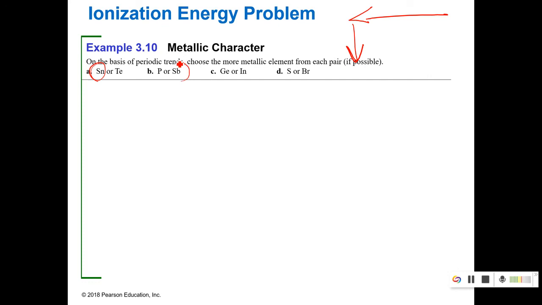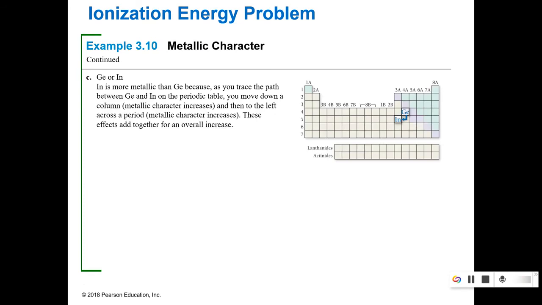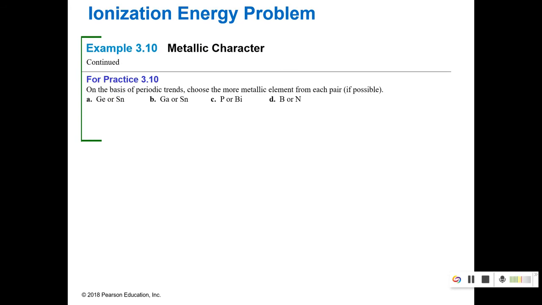Between phosphorus and antimony is lower. Okay, germanium and indium, it's going to be indium. And then sulfur and bromine is we don't know because of the diagonal. Also, they're both true nonmetal, so it's harder to tell. Germanium and tin. Gallium and tin is I don't know.